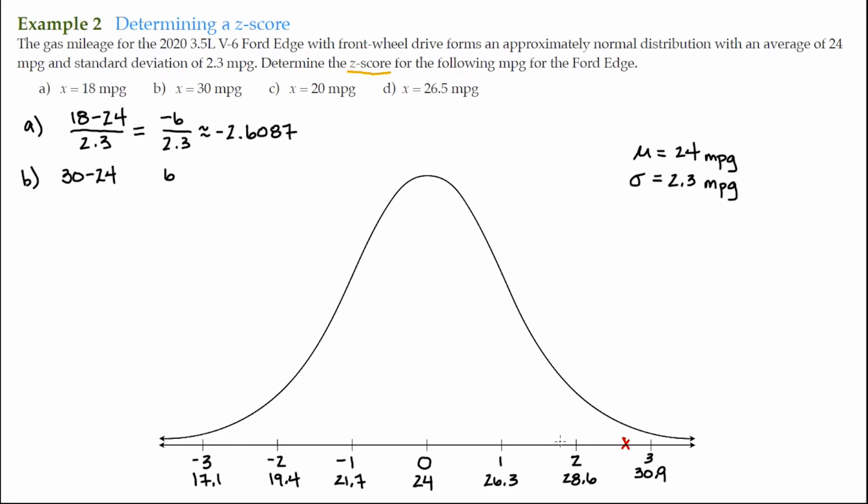Of course, I know that it's not 6 because I have to include my standard deviation. So I divide by 2.3. So 6 divided by 2.3 is approximately 2.6087. Again, we'll use 4 decimals. And we knew that it was between 2 and 3. In a practical sense, just eyeballing it, that looks like about 2.6087.